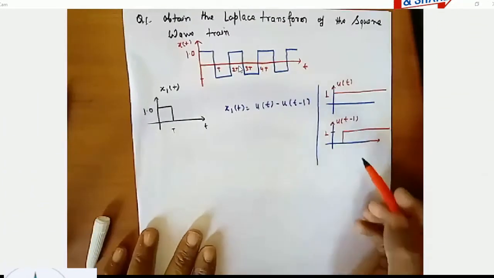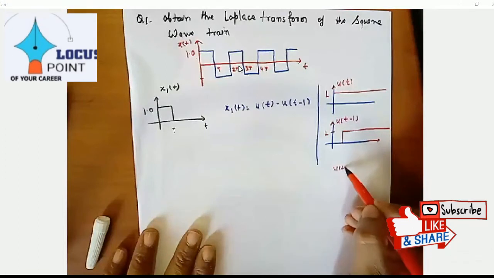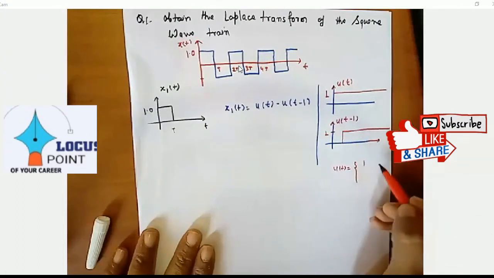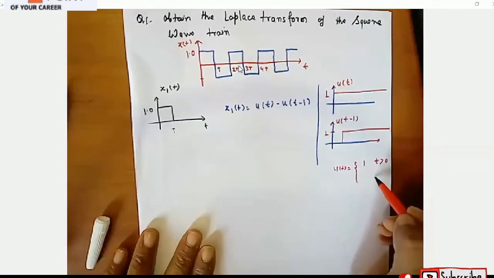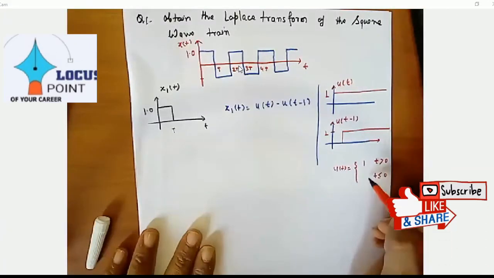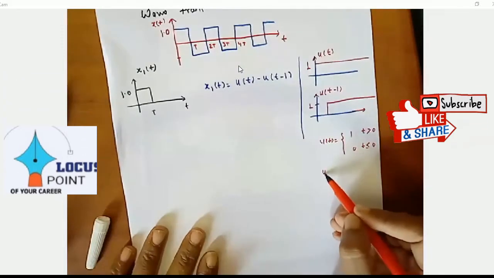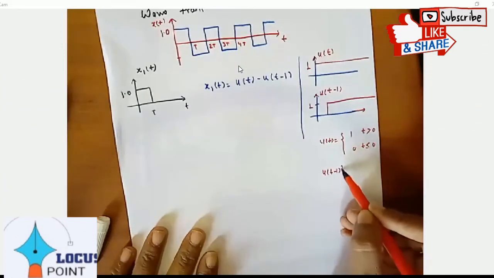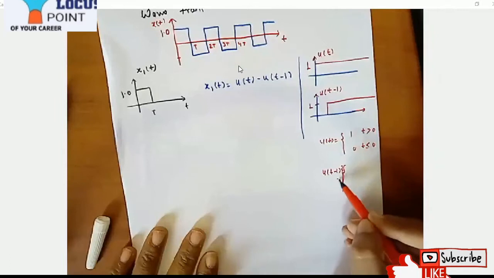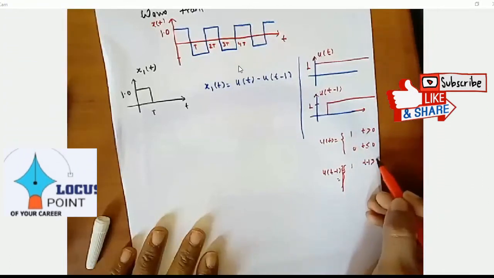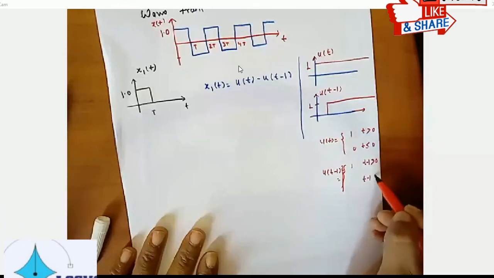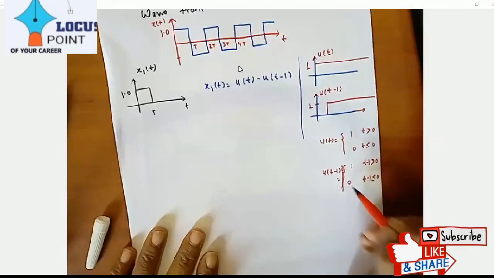And how can you say this? u(t) is 1 for t greater than 0 and 0 for t less than or equal to 0. So u(t minus 1) will be 1 for t minus 1 greater than 0, and 0 for t minus 1 less than or equal to 0.